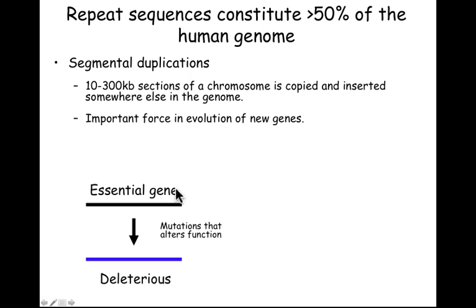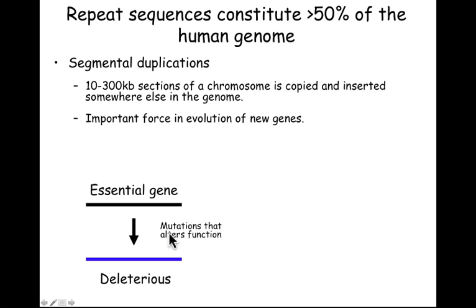When you think about evolution, the general idea is that you start out with a given gene sequence and we have mutations, and somehow those mutations can alter the function of the protein, either by changing the protein sequence or by changing the expression pattern of the gene, and this allows it to develop a new function.